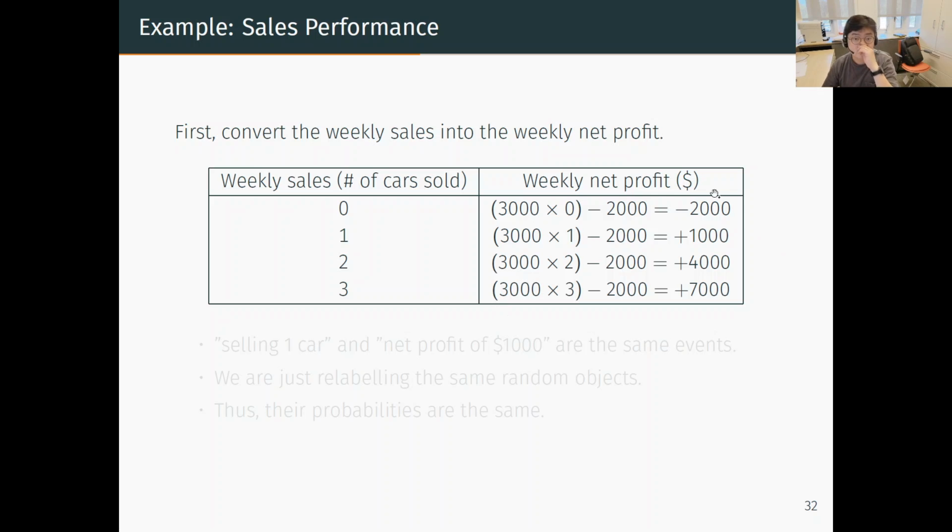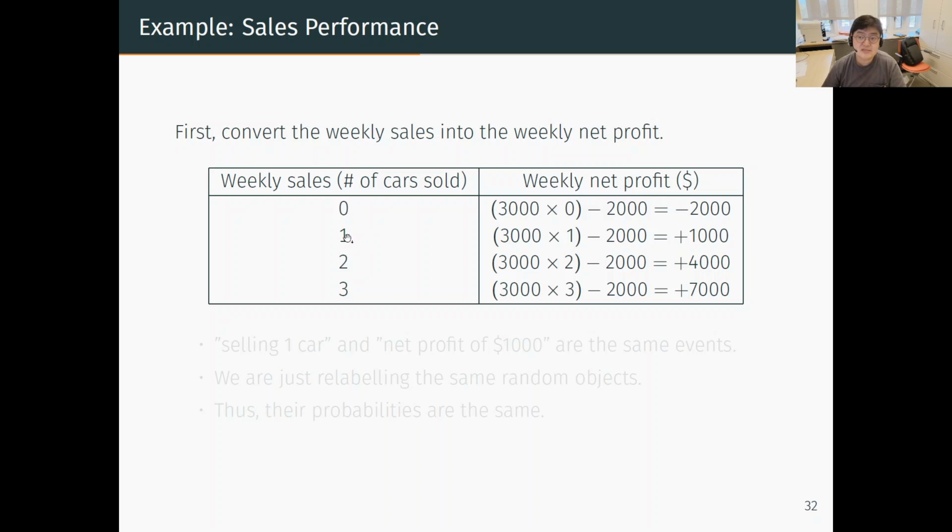It's not that difficult. You can just convert the weekly sales, the number of cars, into dollars, right? Using the assumptions. For example, if no car was sold, then you are simply paying $2,000 to the salesperson for nothing, right? So your net profit is minus 2,000.